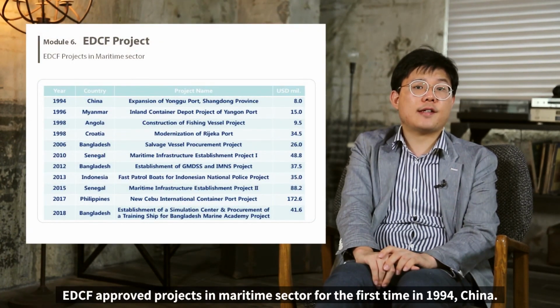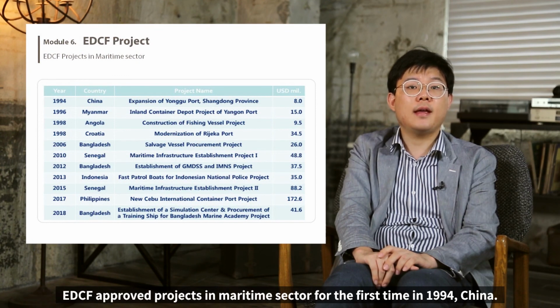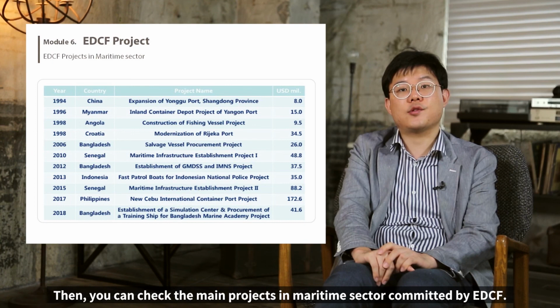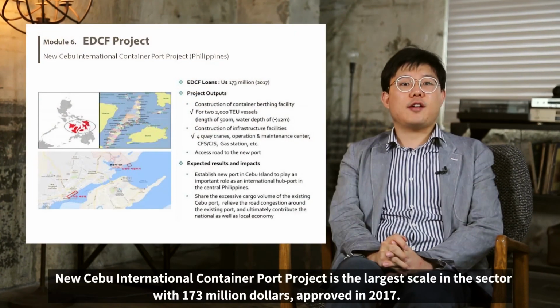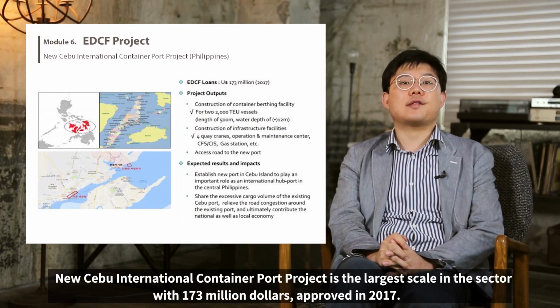EDCF approved projects in the maritime sector for the first time in 1994 in China. Then you can check the main projects in the maritime sector committed by EDCF. The New Cebu International Container Port Project is the largest scale in the sector with $173 million approved in 2017.